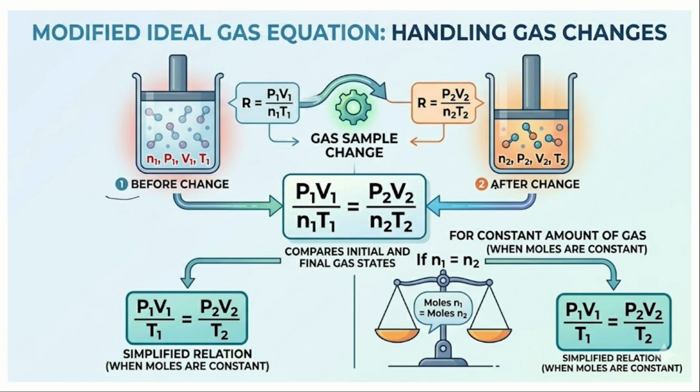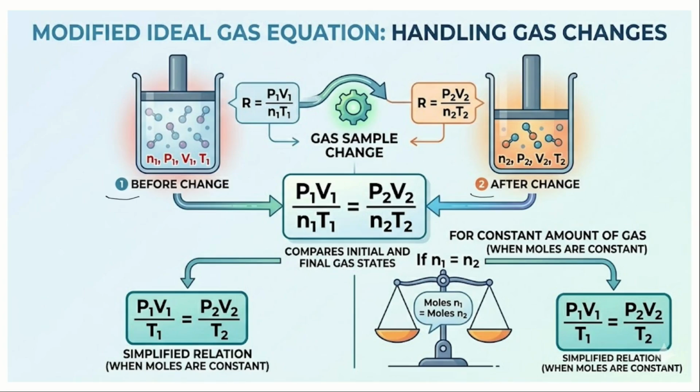After changing, let's focus on number 2. This represents the new conditions of the gas after an external action has modified it. What are they? For example, heating it up, compressing the container, or adding more gas.